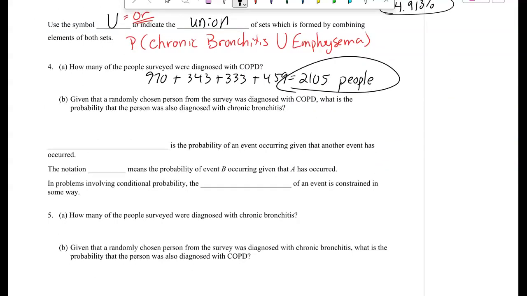Question here. Given that a randomly chosen person from the survey was diagnosed with COPD, what is the probability that person was diagnosed with chronic bronchitis? Here's the change in wording. Given that a randomly chosen person from the survey was diagnosed with what? Here's what we're asking from you.